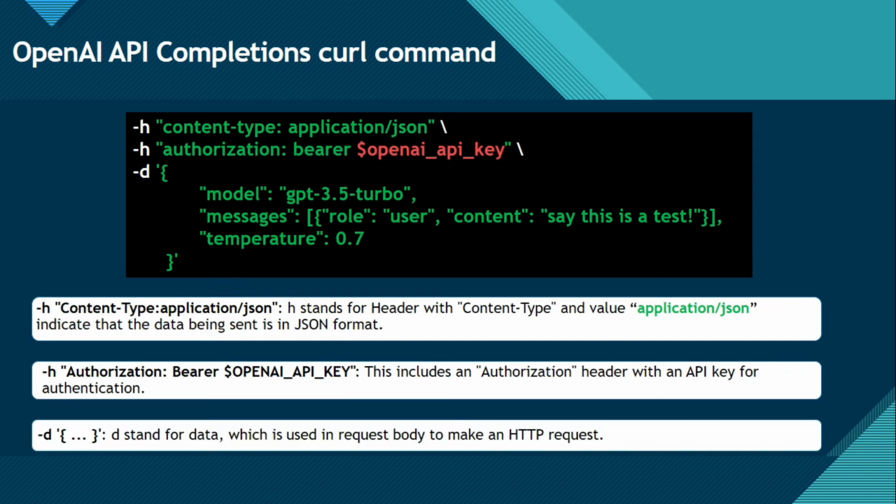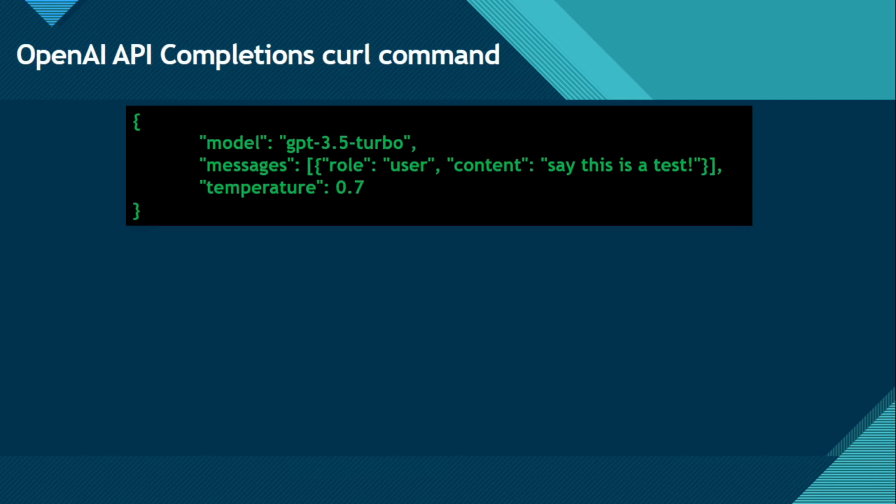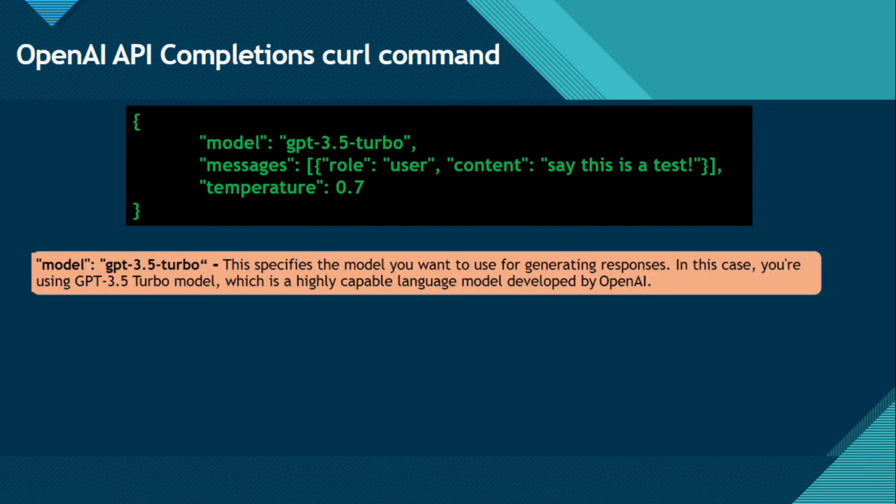Now we have -d, and then it starts with curly brackets and here closing curly brackets, right? And then we have some data here like model, messages, these things. This -d stands for data, which is used in the request body to make an HTTP request. Now let me explain this data: model, messages, temperature, role and content.